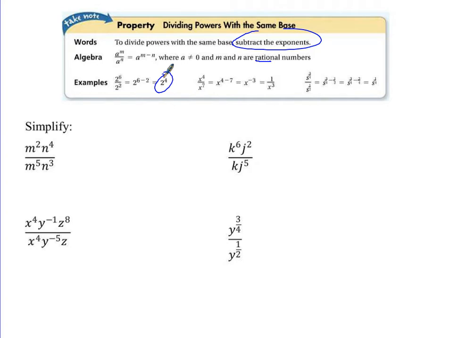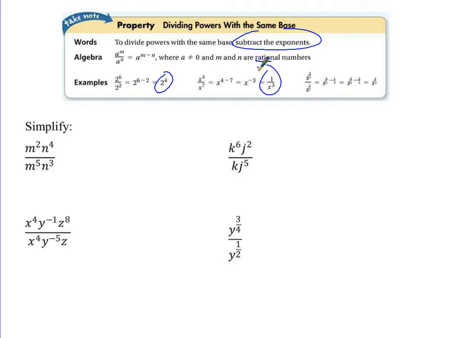Good. x to the 4th divided by x to the 7th, we still do 4 minus 7, the top number minus the bottom number. 4 minus 7 gives me negative 3. So I have x to the negative 3rd power, but I can't have that as my answer. I have to go 1 over x to the positive 3rd power, and then that is my answer. So it is possible to do this division, subtract your exponents, and wind up with a negative number. And then you have to remember how to handle that.